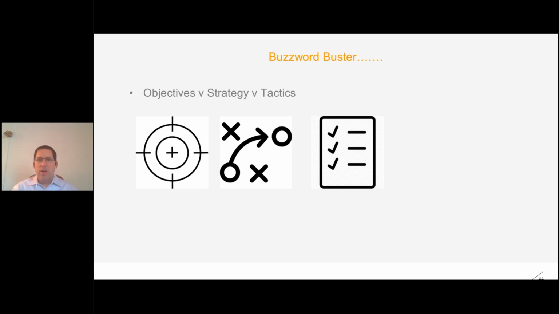The strategy is the way in which we're going to make that happen. The analogy that I like to use, and I suppose it's not that relevant right now, but we're hoping it's going to be relevant very soon, is that I need to go to Edinburgh. That's my objective. So my strategy is how am I going to approach it?